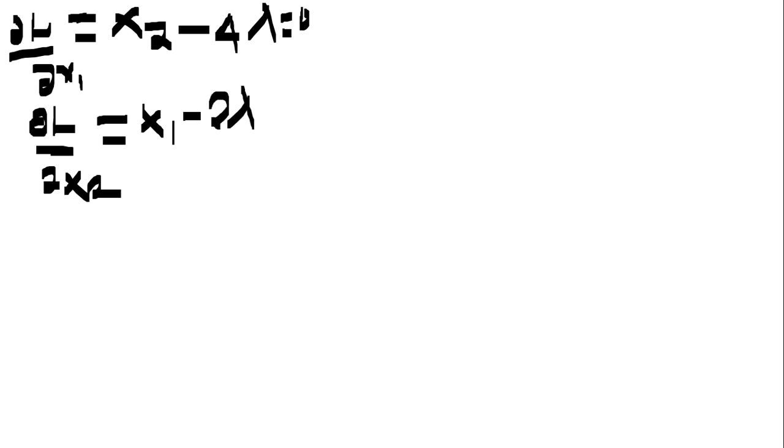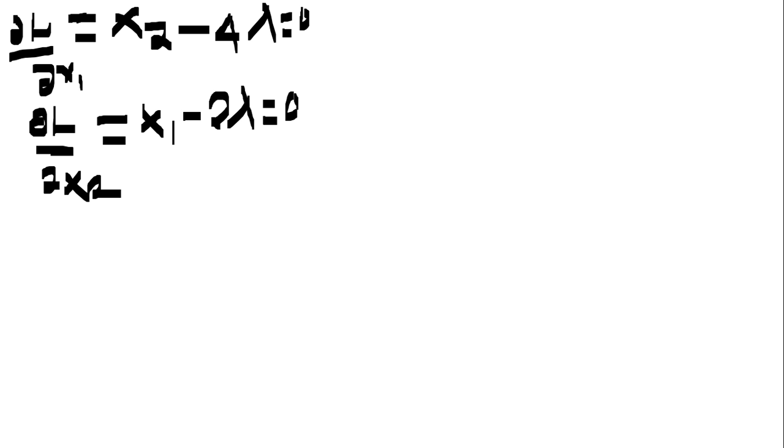And then the change in L due to change in x2 gave us x1 minus 2 lambda equals 0. Now from the first equation, we should make lambda the subject, and do the same in the second equation.